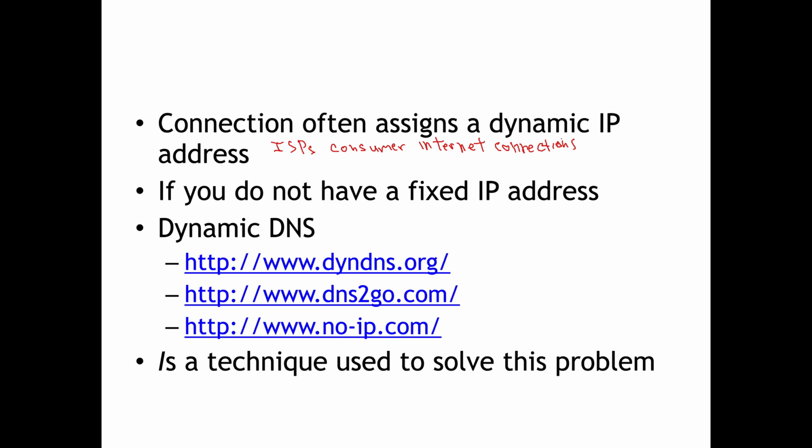So what this means when we talk about a dynamic IP is that the IP address changes or can change every time that computer connects to the internet. This makes it difficult to run a server. It makes it possible for somebody to set up a server on a temporary basis.